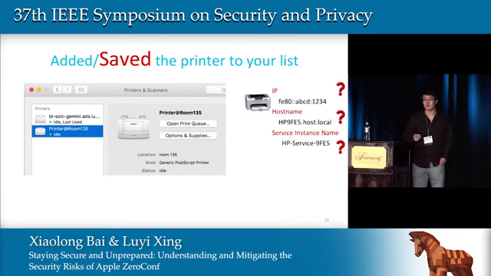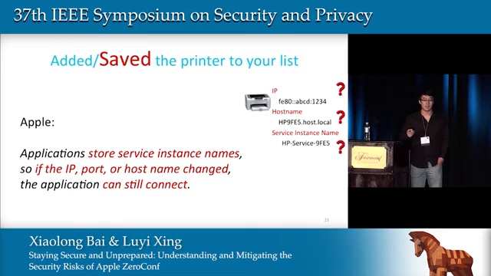So I have a question here for you. The printer has 3 attributes, the IP, the host name, the service name. Which of the 3 attributes do you think are saved in the list? Apple gives us the answer. Applications store the service instance name.